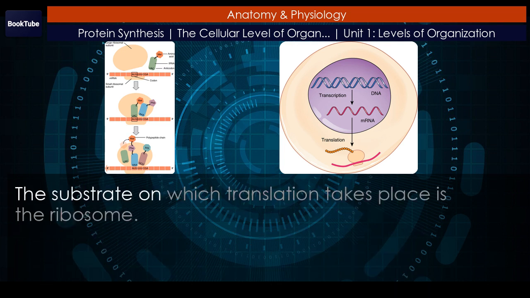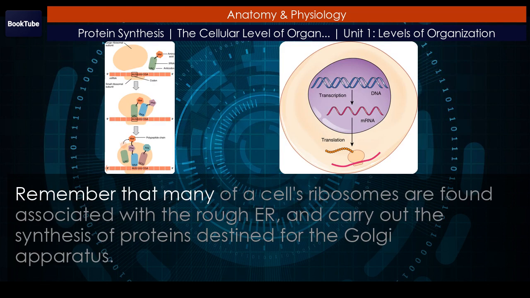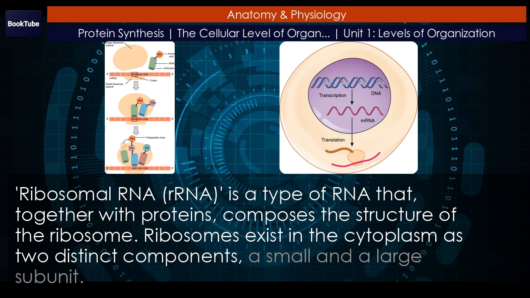The substrate on which translation takes place is the ribosome. Remember that many of a cell's ribosomes are found associated with the rough ER and carry out the synthesis of proteins destined for the Golgi apparatus. Ribosomal RNA, rRNA, is a type of RNA that, together with proteins, composes the structure of the ribosome. Ribosomes exist in the cytoplasm as 2 distinct components, a small and a large subunit.